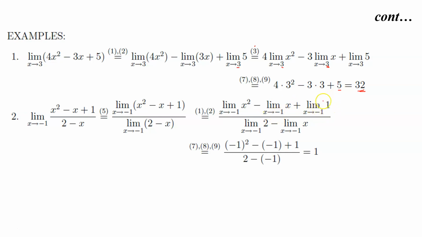And again, this one is 1 as a constant, and then limit for a constant, you will get that constant back. Okay, and you can solve for this, of course. At the end, you will get the answer, which is equal to 1. Okay, so that is how you apply the 11 laws into the operation of limits, how you solve your limits.